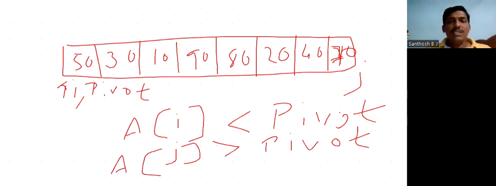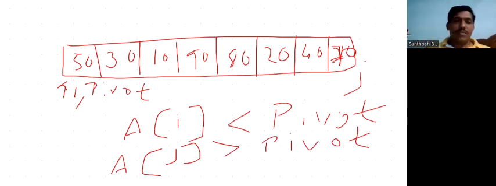When A of I has been incremented until its condition is false, and J has been decremented until its condition is false, you stop. After both conditions are completed, you swap the I value and the J value. In the place of I, the value of J is inserted, and in the place of J, the value of A of I is inserted.